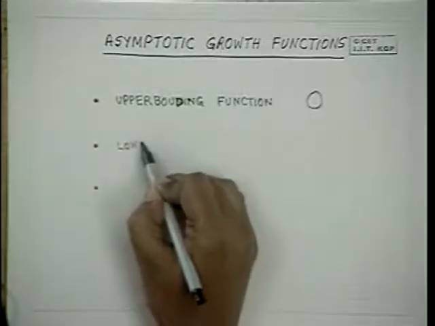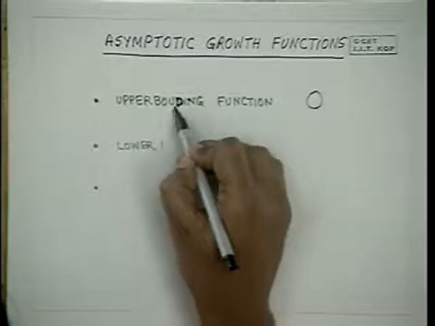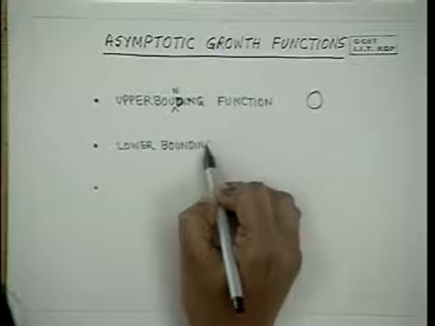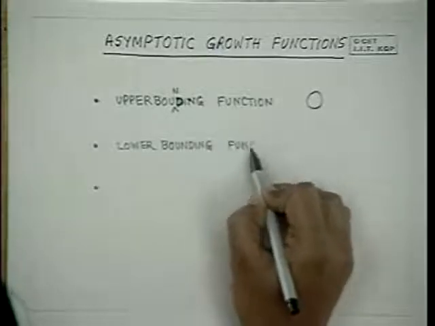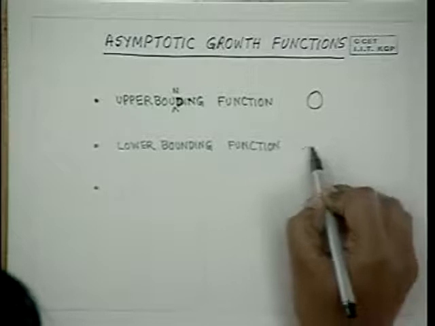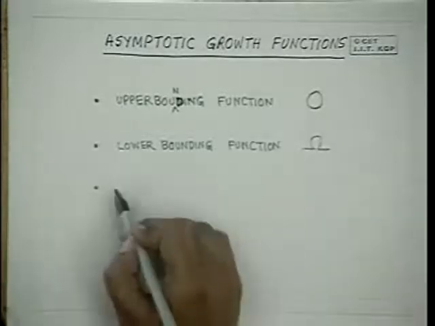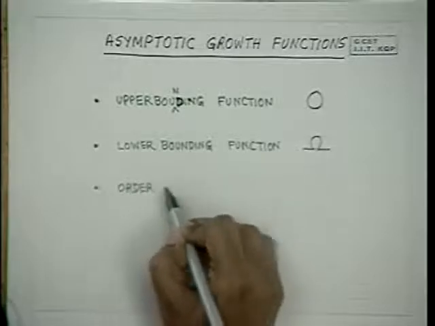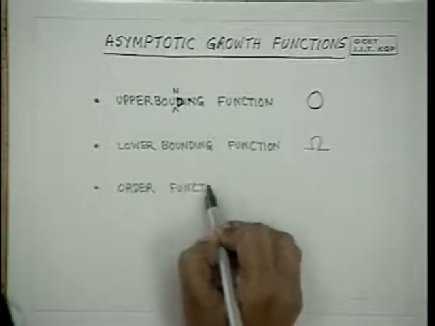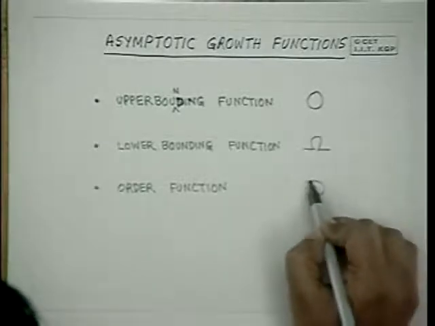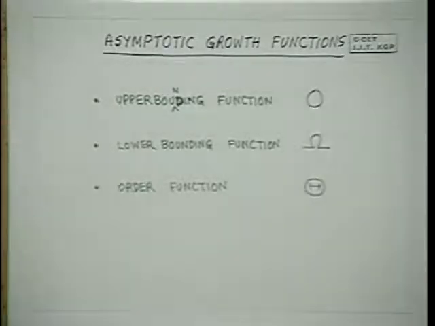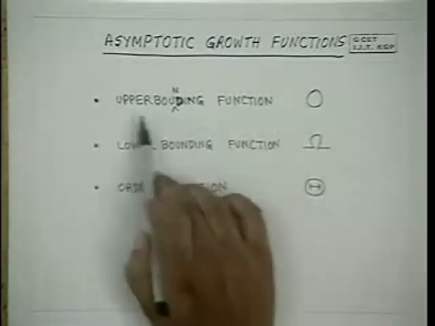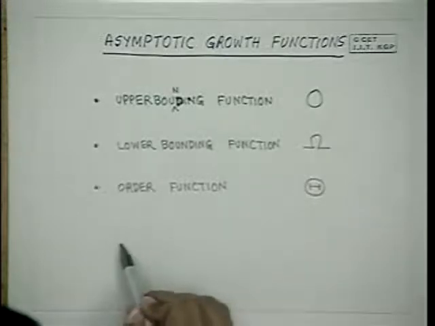The second is the lower bounding function. The third is the order function. These are the three symbols or notations used. This is given Gn.